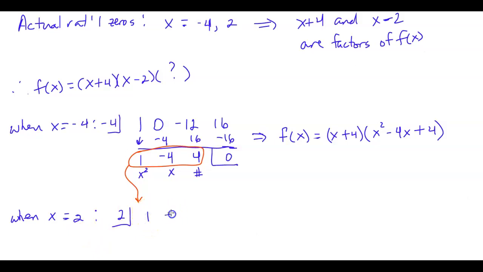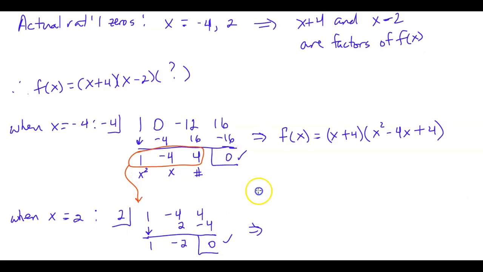So we'll say 1, minus 4, 4, remainder box here. And then we're going to bring down the 1, and then we start that process all over again. So 2 times 1 is 2. We add, get minus 2. 2 times -2 is -4. Add, get 0. And again, zeros are what we are expecting here because -4 and 2 were zeros.